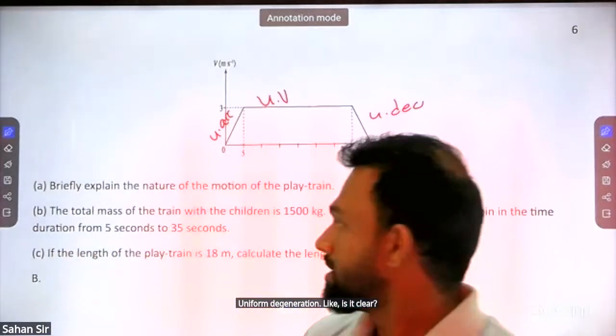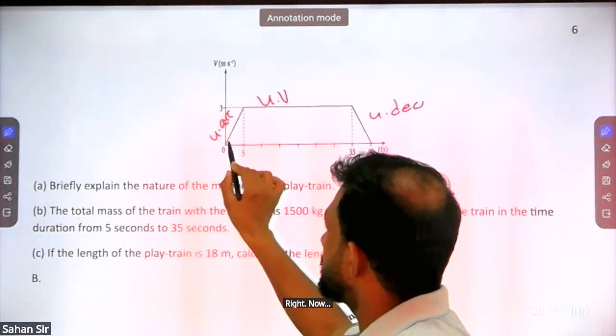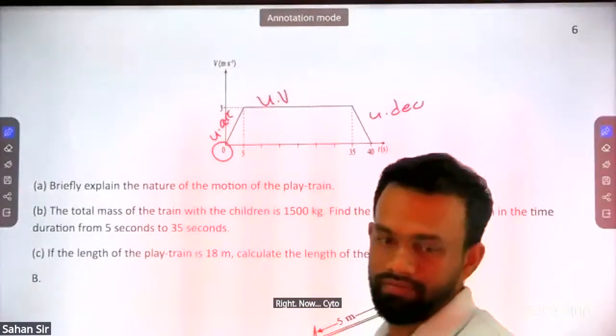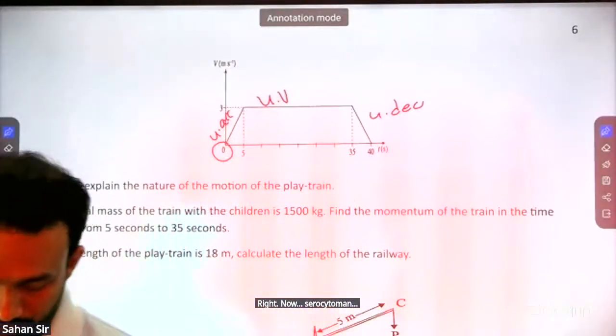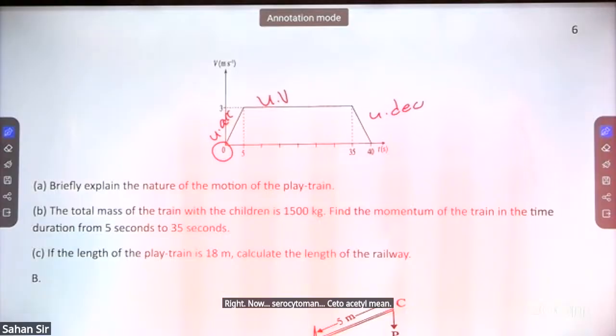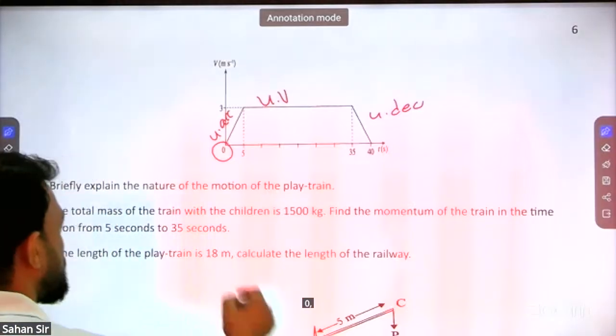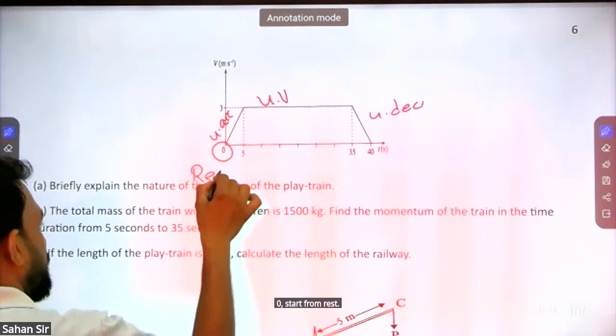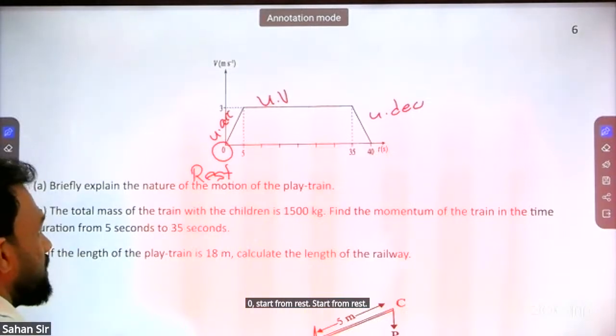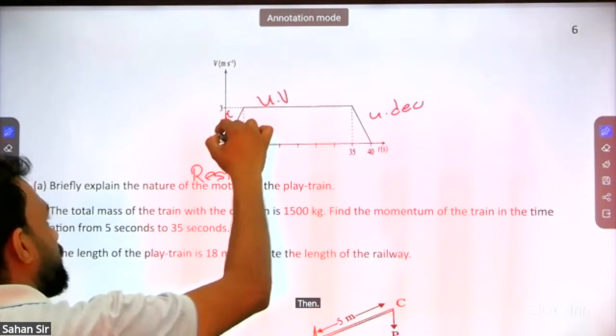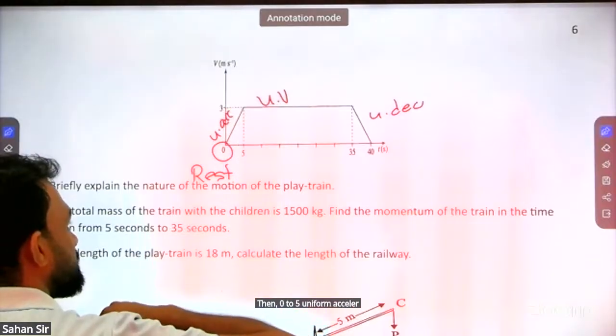Right. Now, 0, 0 mean start from rest. Then 0 to 5 uniform acceleration.